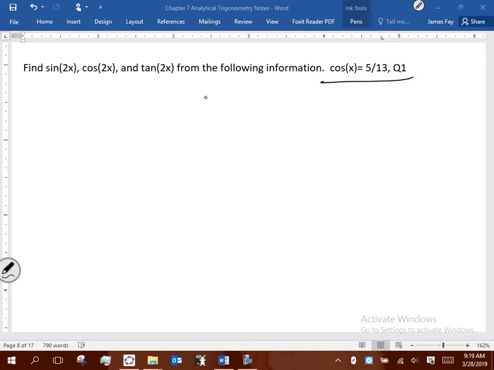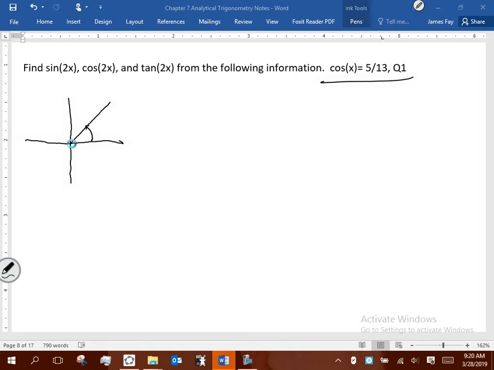Okay. I think the best thing for us, guys, is to initially draw a picture. You can do it without a picture, but there's some stuff here that you're going to want to write down and organize inside your picture. So x is some angle that's being traced out.